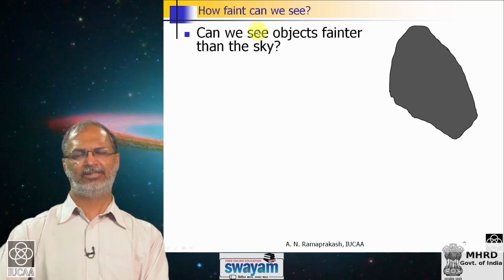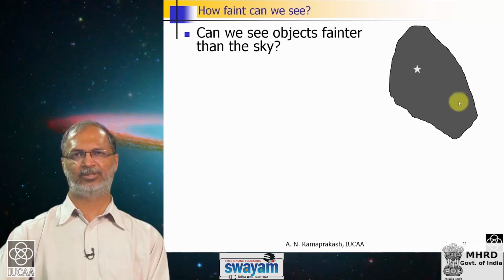But the question here is, is the sky, even the dark sky, setting the limit of how faint an object you can see? To illustrate that, let us take a patch of the sky here. I have shown a very dark patch of the sky. I am putting a star there which is bright enough. Since this sky is very dark, it is night, no moon in the sky, you are able to see the star.